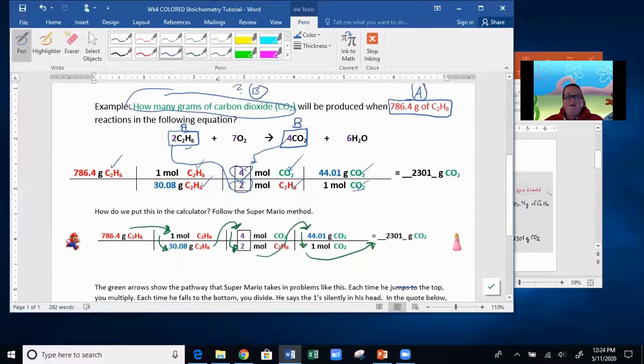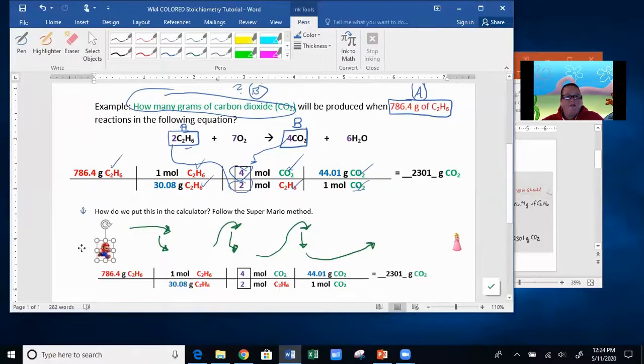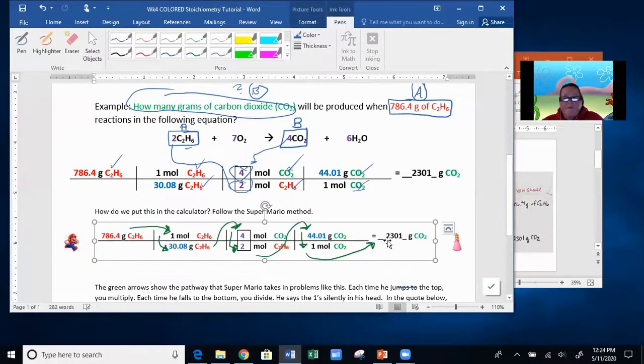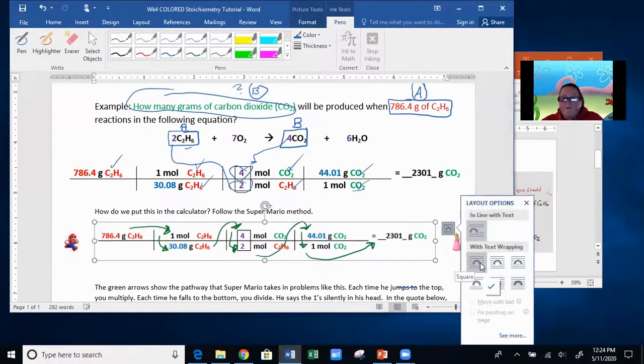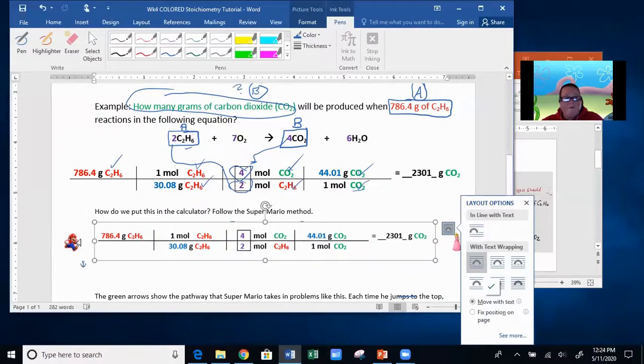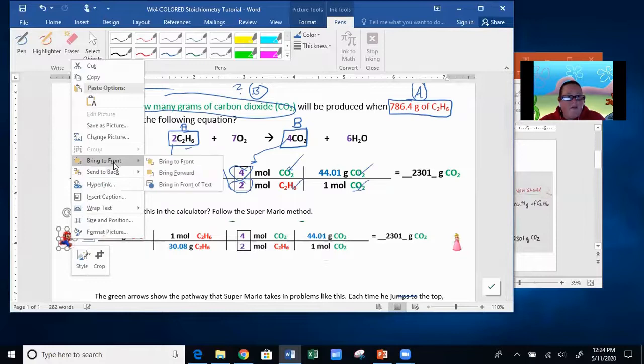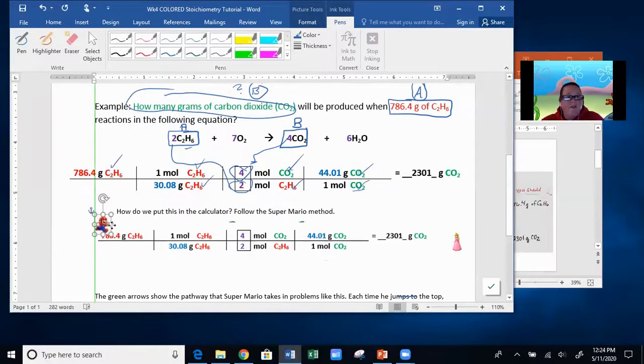So using this Super Mario method that I talked about, Super Mario takes a specific path, and this path goes like this. Oh, that's not really staying put, is it? I'm going to bring him to the front. There we go.